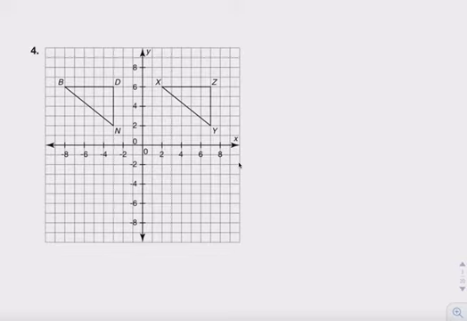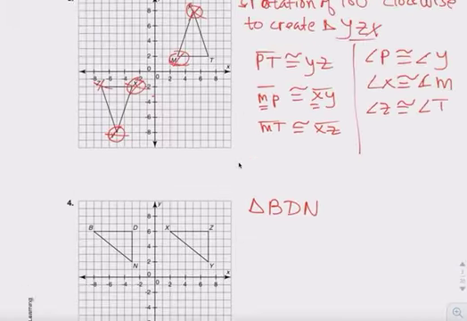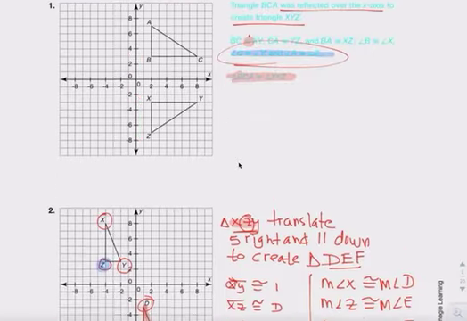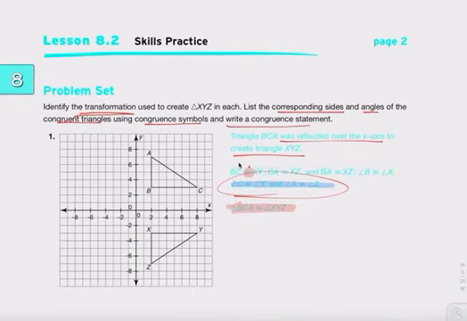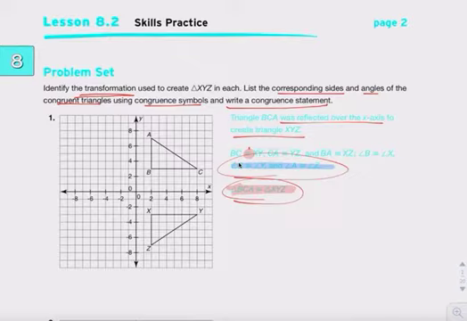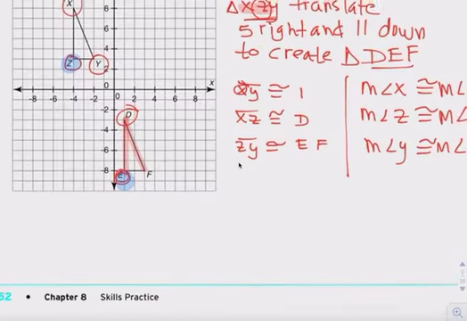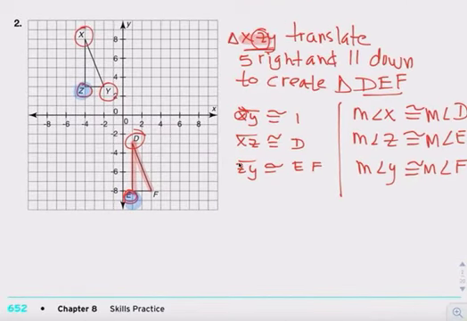Oh, we didn't write a congruent statement on each of these. Sorry, because it says write the congruent statement. See, that's your congruent statement. Because of all these things, we know that triangle XZY is congruent to triangle DEF.